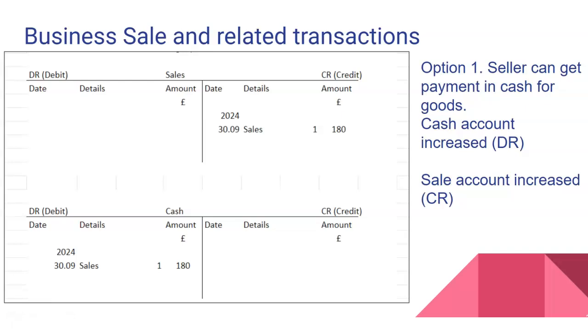In the next few slides, we're going to be looking at the business sales and related transactions, and we will be using debit and credit. This is also called a T account. It can be recorded in a couple of ways, so we can either use debit and credit as so, different accounts, and if you remember, I mentioned that debit should balance credit, and so in this case we have balancing debit to credit.